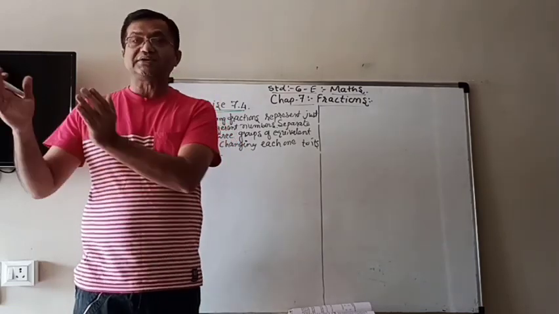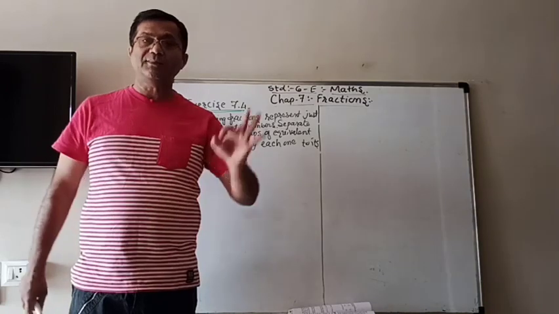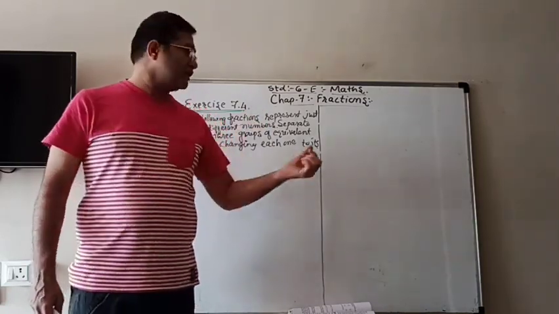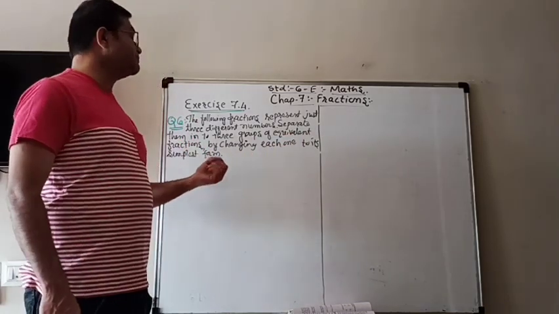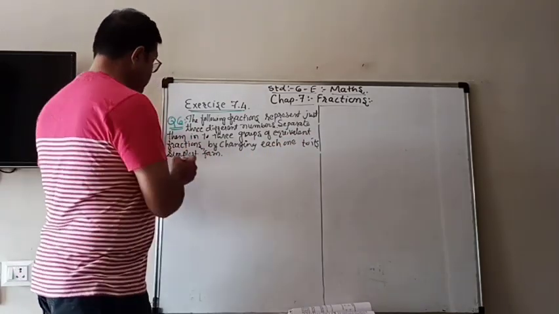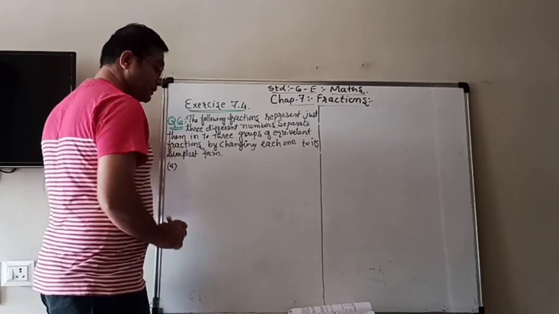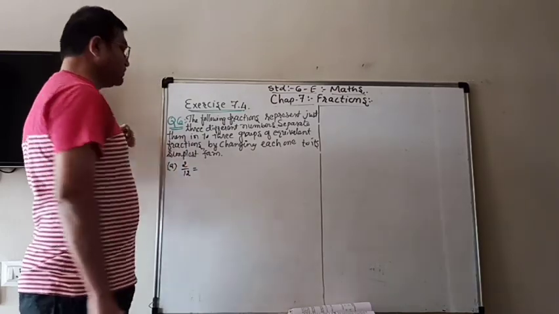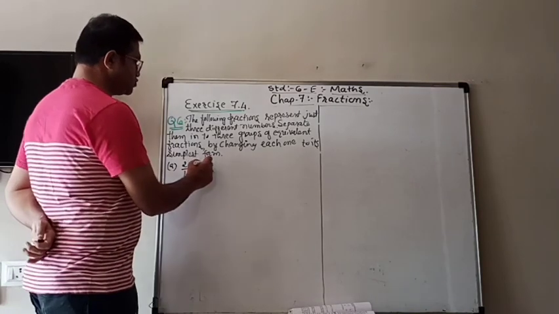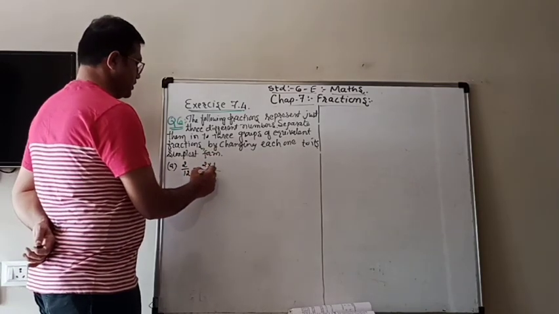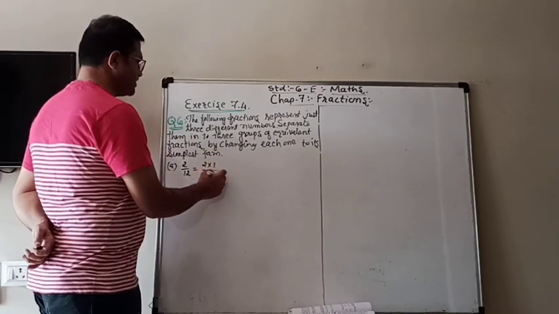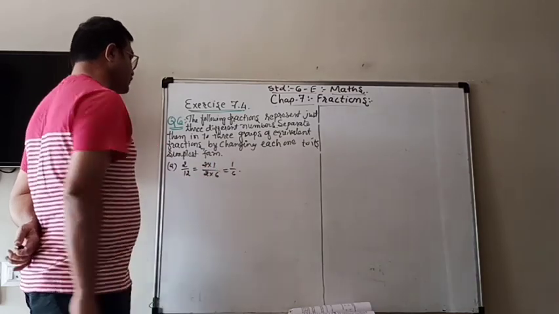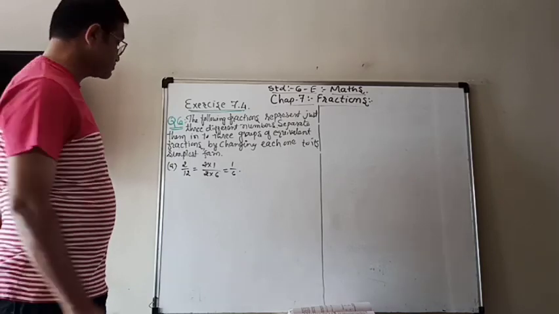So we have to separate the 3 groups of equivalent fractions, and for that we have to convert them into the simplest form. So let's take the first one. First one is 2 upon 12. We know that 2 upon 12 means 2 1s are 2 and 2 6s are 12. So the simplest form is 1 upon 6.